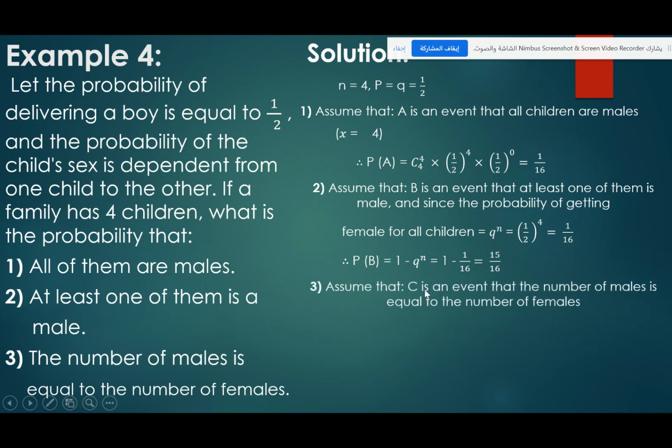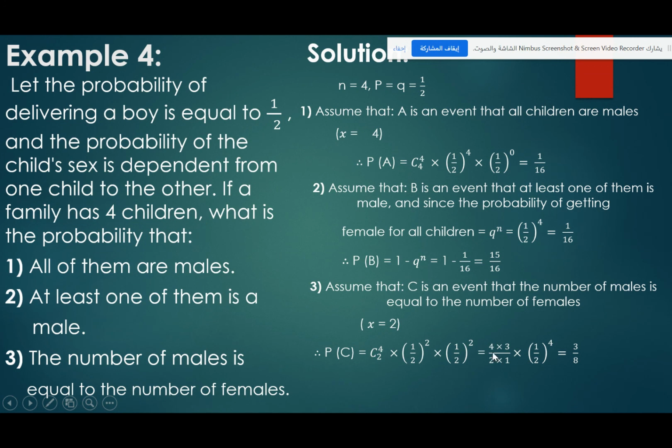In 3, assume that C is an event that the number of males is equal to the number of females. That means x will be 2. And you are going to deal with the rule in the following way: 4 combination 2 times half to the power of 2 times half to the power of 2. Look, males and females are equal in each family.